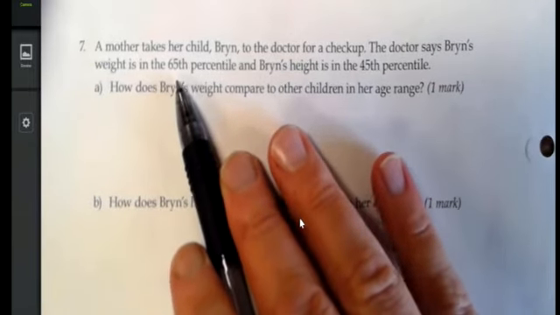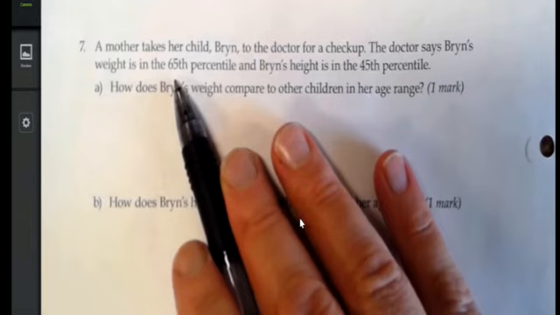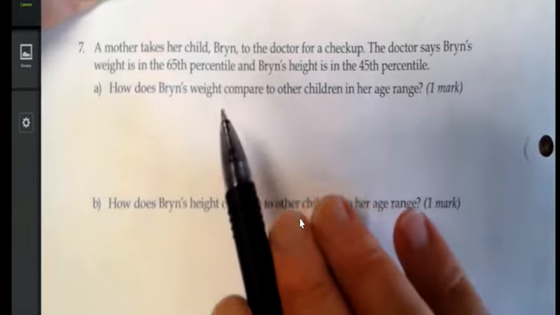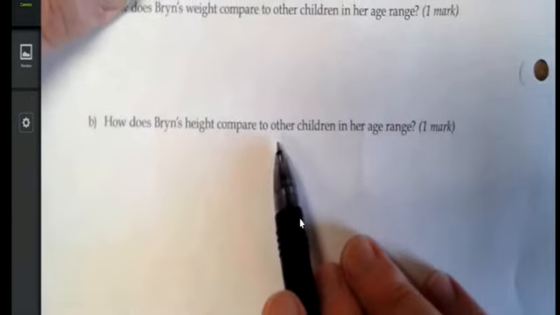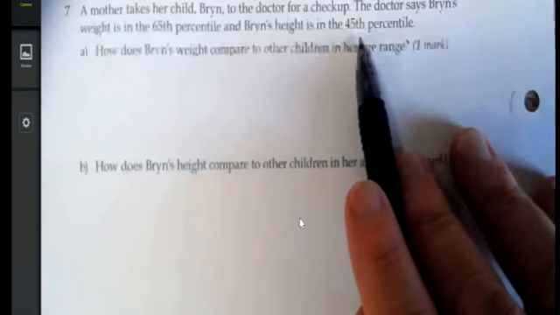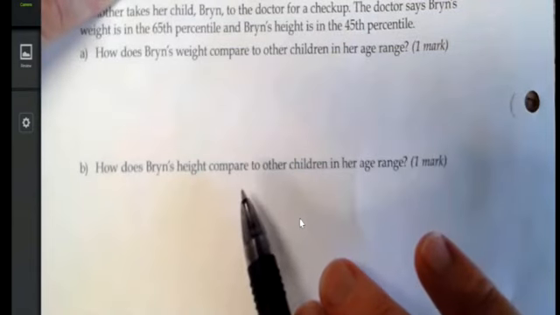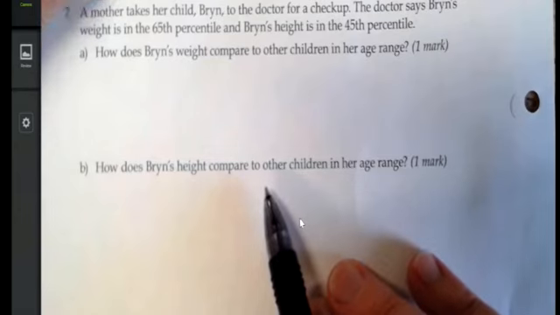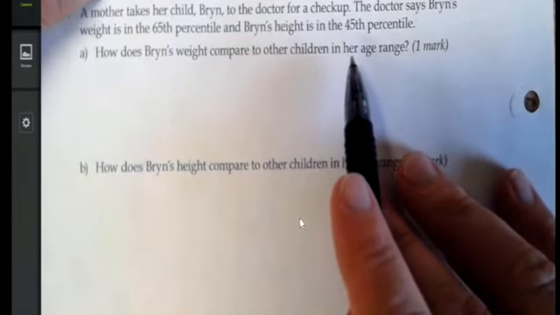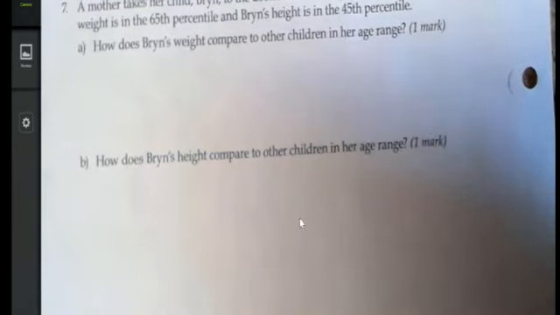That means 35% of children are heavier than she is, and 65% are the same weight or lighter. Her height is in the 45th. That means 55% of children are taller than she is, and 45% are either the same height or less.